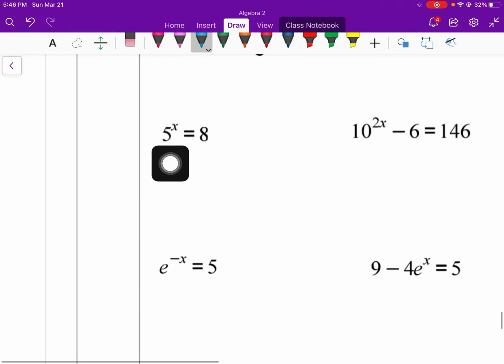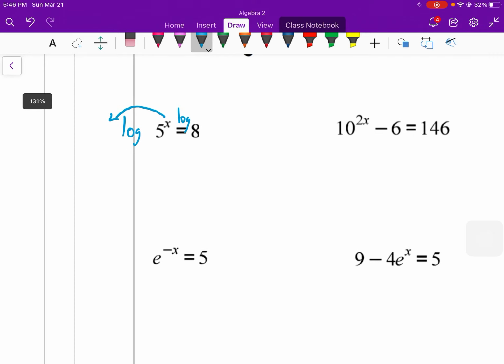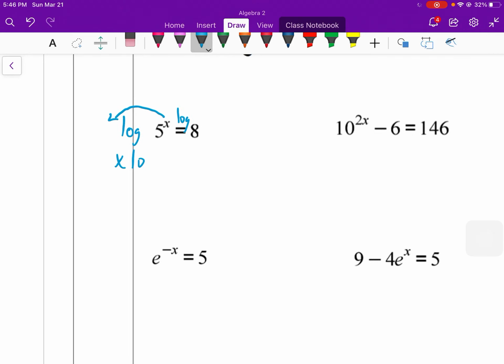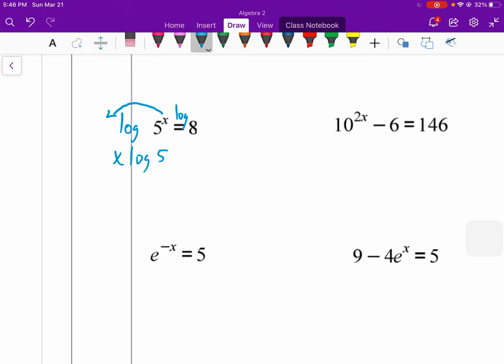When we have an exponent here, we can take the log of both sides, and then those are inverses. So let's do that. I'm going to take the log of both sides here with a common base of 10. Again, my property then says that we can pull x out to the front so that we have x times the log of 5 equals the log of 8.